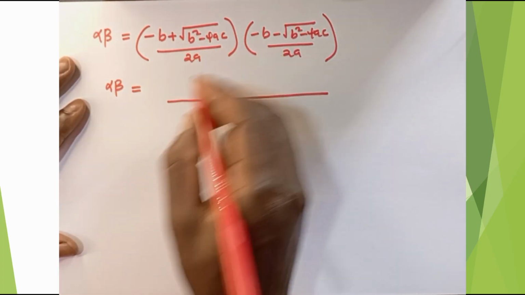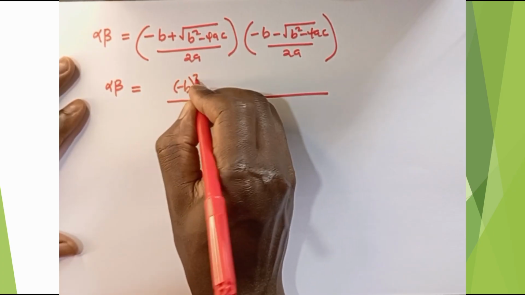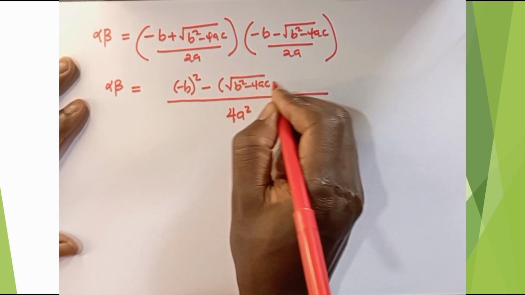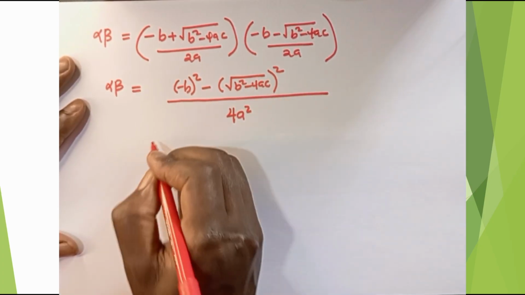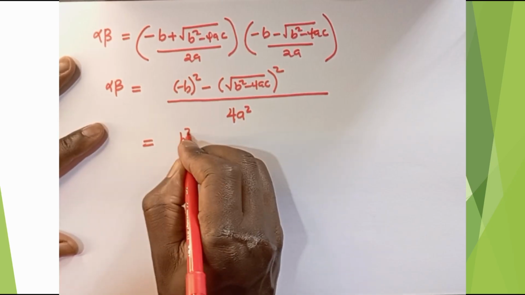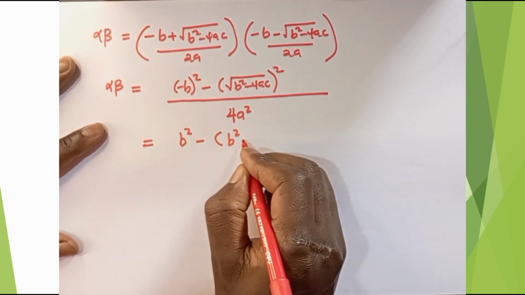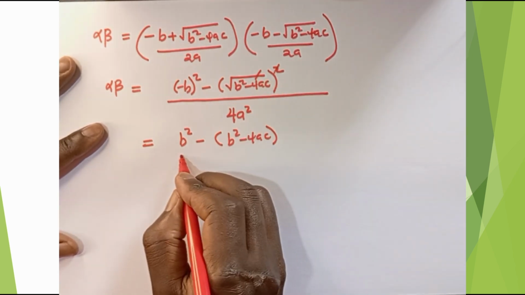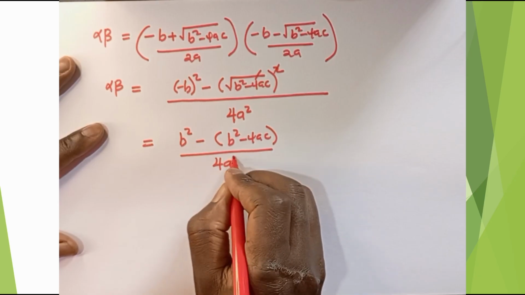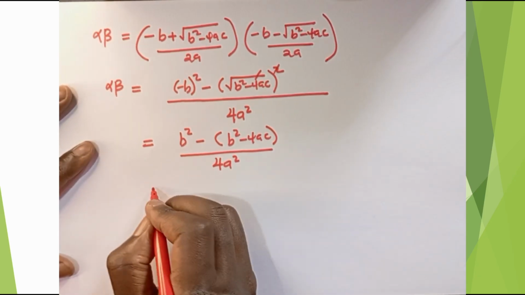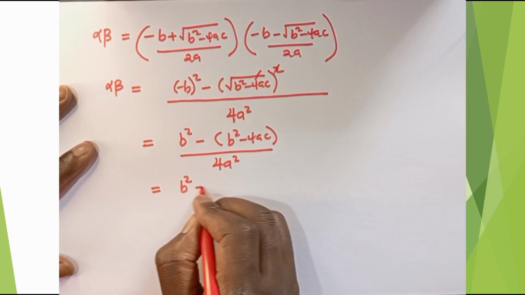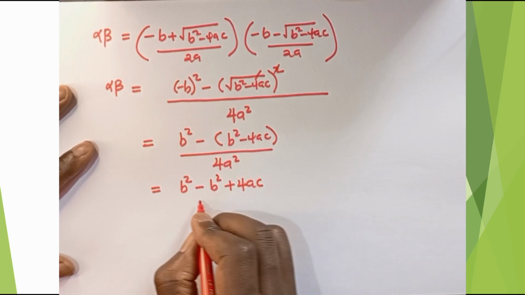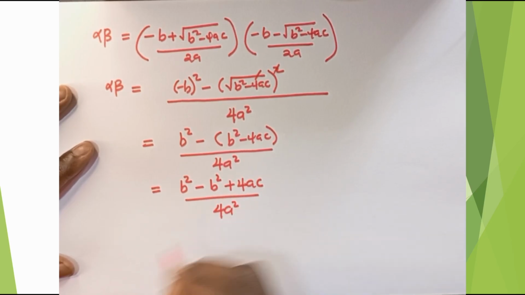If we apply the difference of two squares, we shall have negative b squared minus the square root of b squared minus 4ac, everything squared. Simplifying this, we have b squared minus b squared minus 4ac, because when you square a square root, this goes with that, over 4a squared. If we go further and expand, we have b squared minus b squared plus 4ac out of 4a squared.